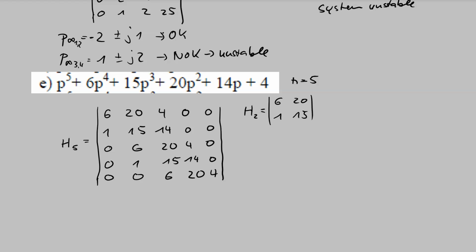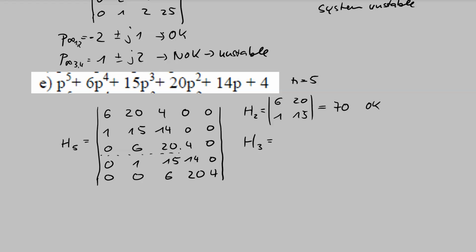So the coefficients lead to this value: 6 times 15 is 90, minus 20 is 70. This is okay. If this is okay, I have to continue the investigation.